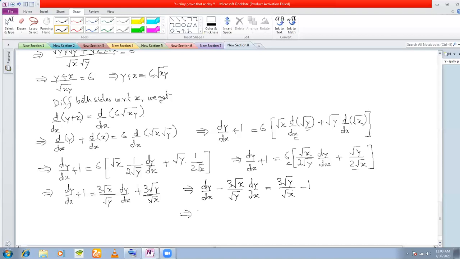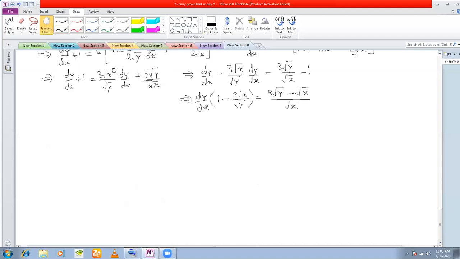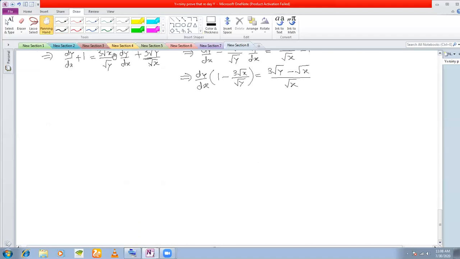That means dy/dx times (1 minus 3 root x by root y) is equal to 3 root y by root x minus 1. Take the LCM, you get this.